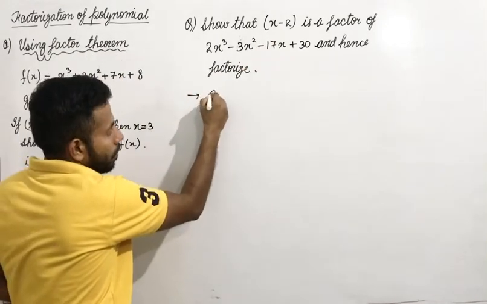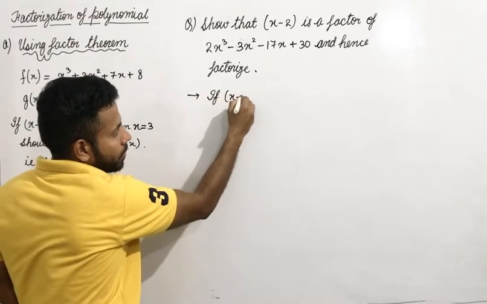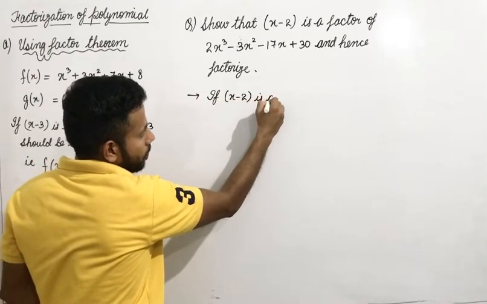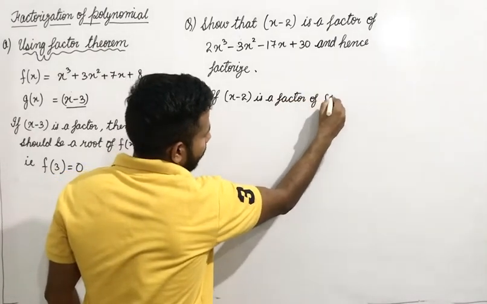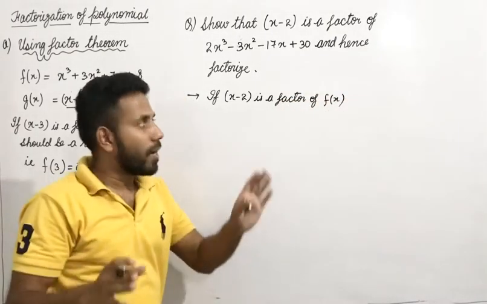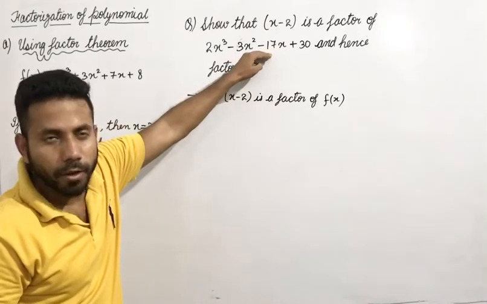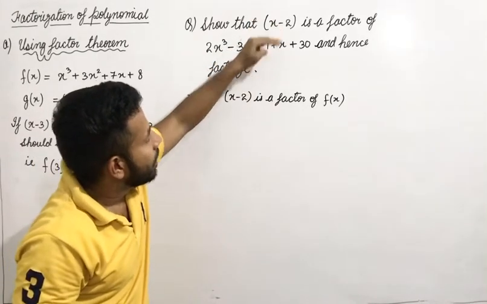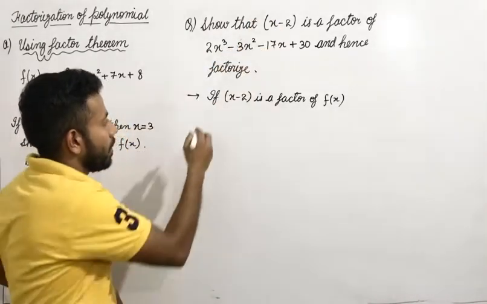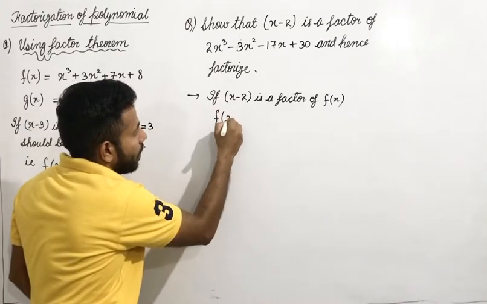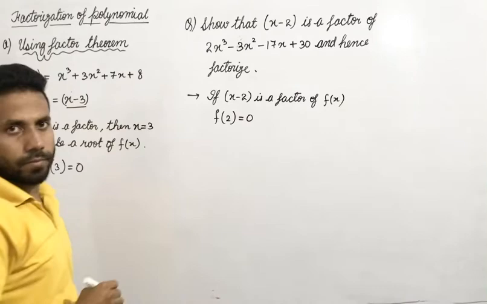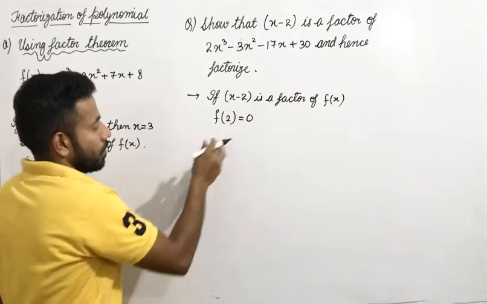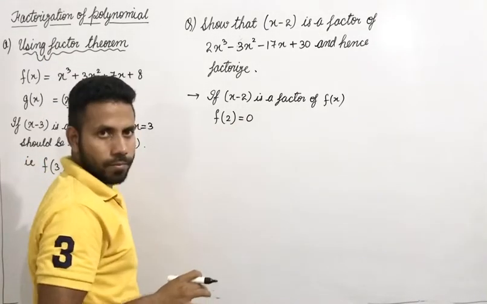If x minus 2 is a factor of this polynomial, then f(2) should be equal to 0. Let us check it.